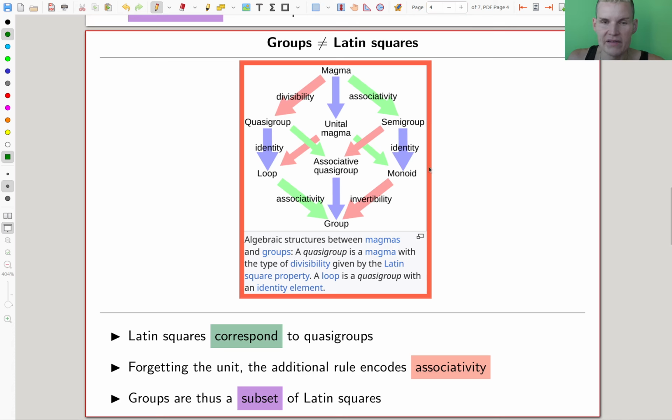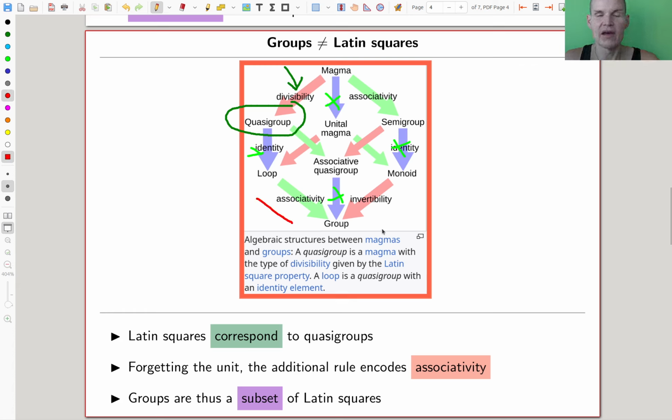Essentially Latin squares describe quasigroups, where divisibility is exactly that condition that you have everything in each row or column. So divisibility or invertibility, whatever you want to call it. As I said, I want to ignore the unit, the identity arrow. So groups are essentially quasigroups up to associativity.